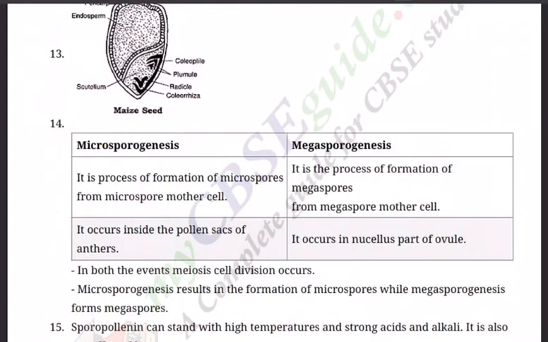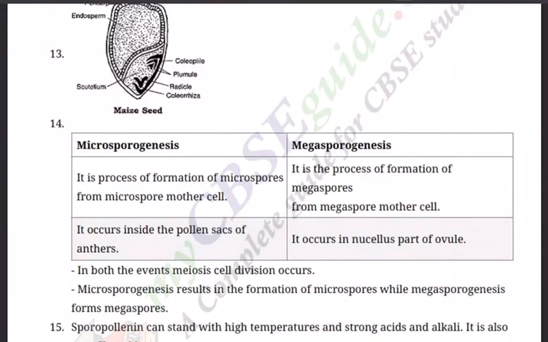Next, question number 14. Microsporogenesis, megasporogenesis. Micro, it is the process of formation of microspores from MMC, microspore mother cell. Mega, it is the process of formation of megaspores from megaspore mother cell.